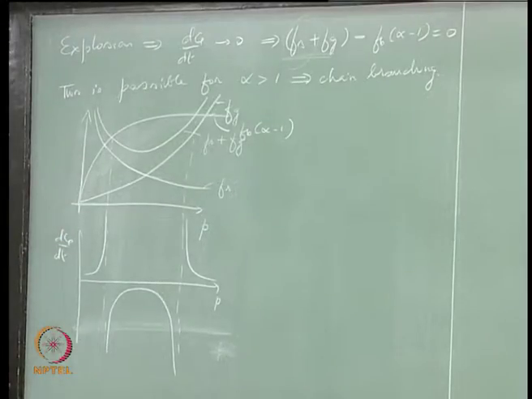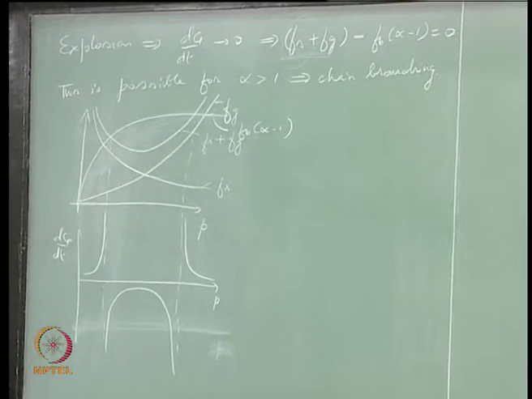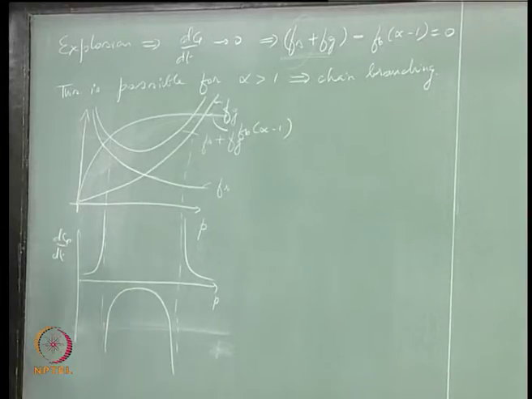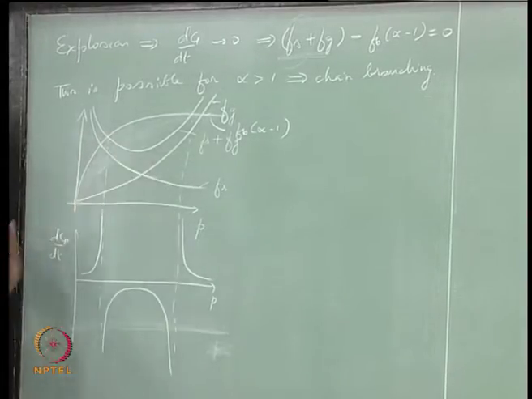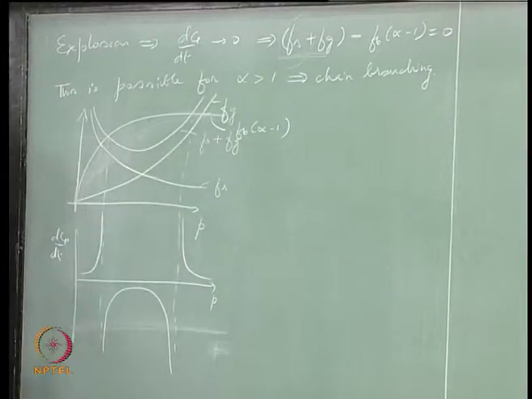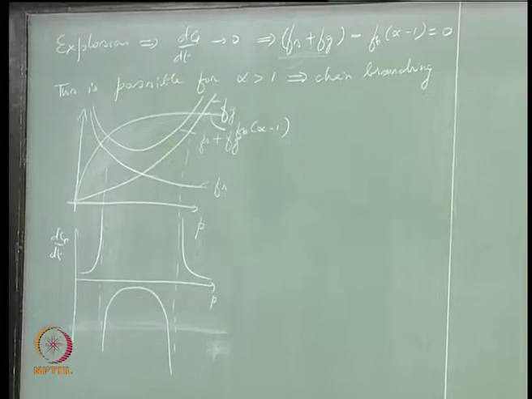So you are producing more and more intermediates and creating an explosion. And then you get into an explosive regime, and you know that the other time you are going to have an explosion is when the reverse happens.